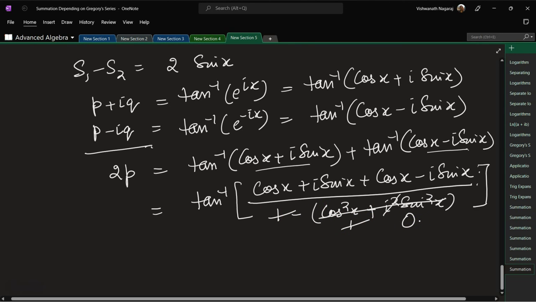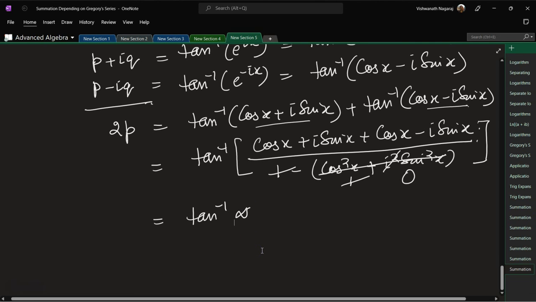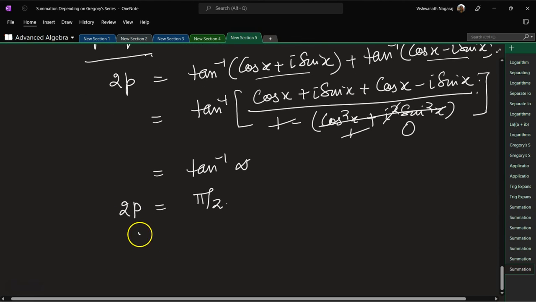So the denominator we get 0, which means tan inverse of infinity. Now tan inverse of infinity means the angle is equal to pi by 2. So 2p is equal to pi by 2, which means p is equal to pi by 4.